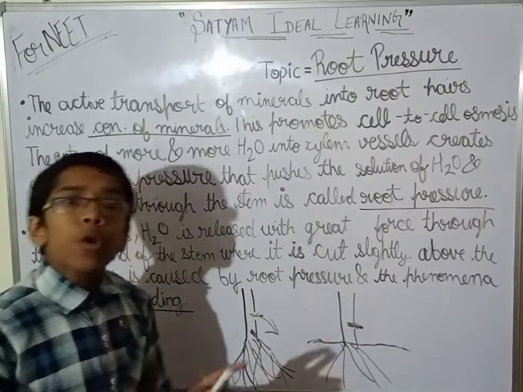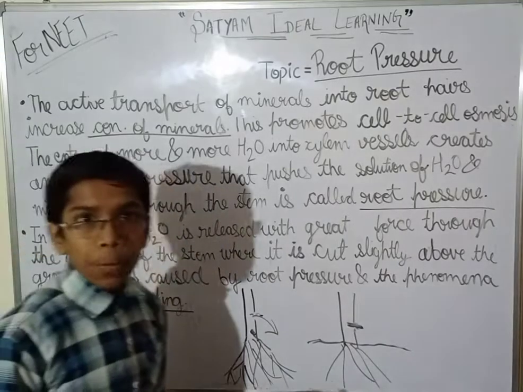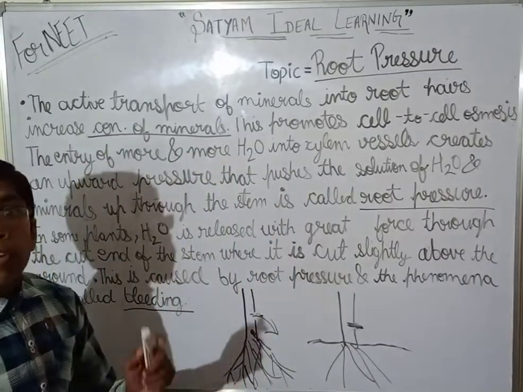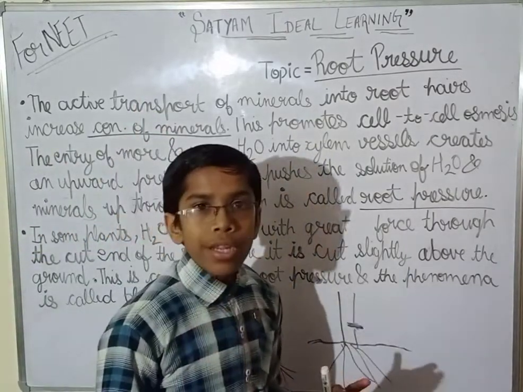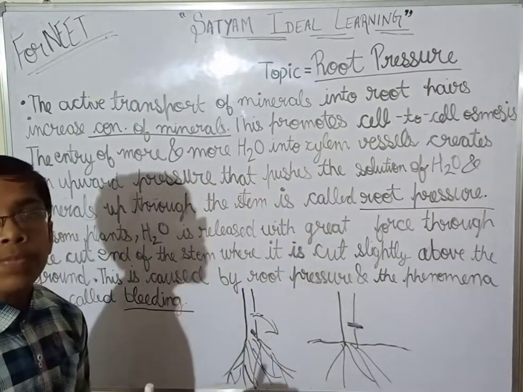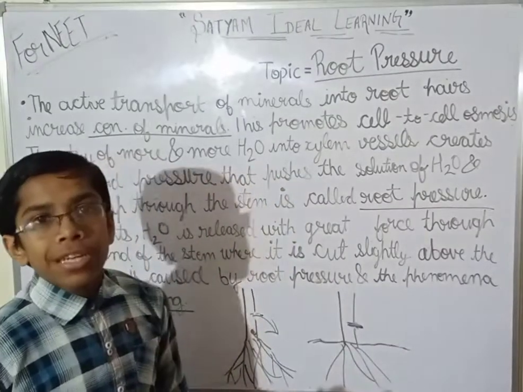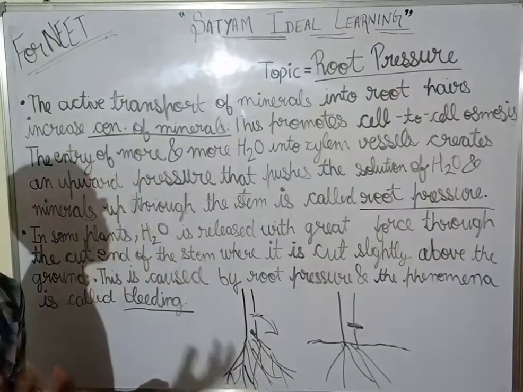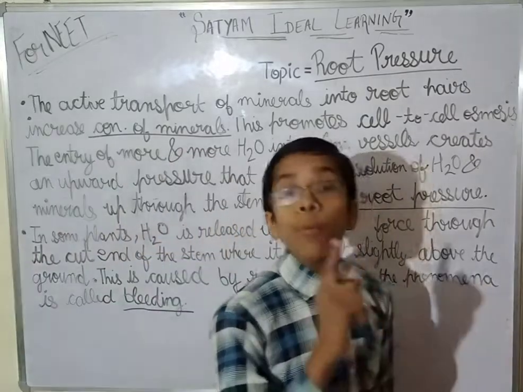Transpiration pull along with root pressure will occur, and then the water and minerals will go to the topmost branch. Getting my point? So I am repeating once more. In small plants, root pressure alone is sufficient for taking the water and minerals to the topmost branch.